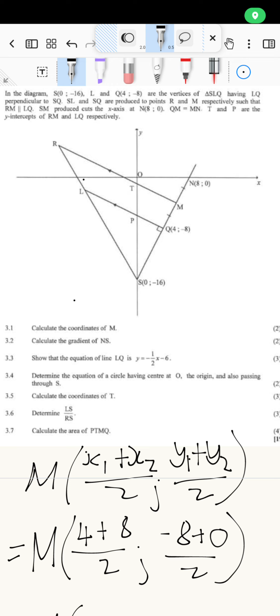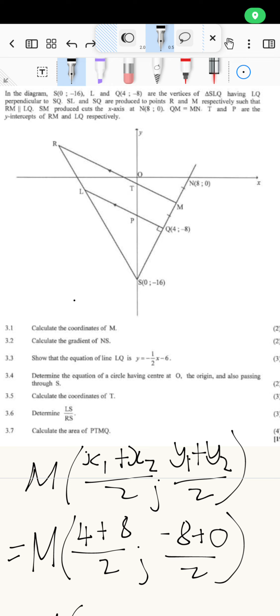Okay, show that the equation of LQ, L is here, LQ. They tell us that LQ is perpendicular to NS, which we've already found the gradient of. Something you should know is that the gradient of the perpendicular line is equal to the negative reciprocal.